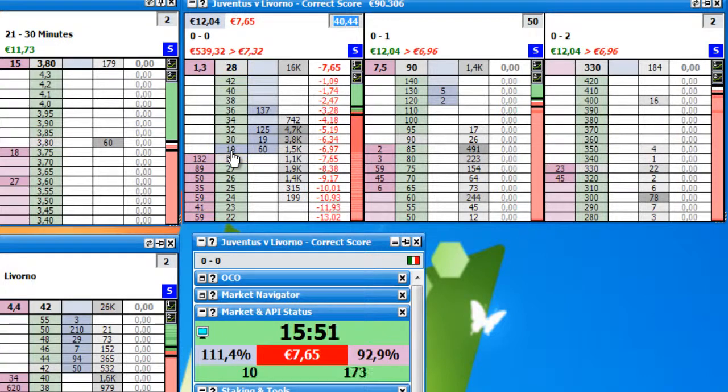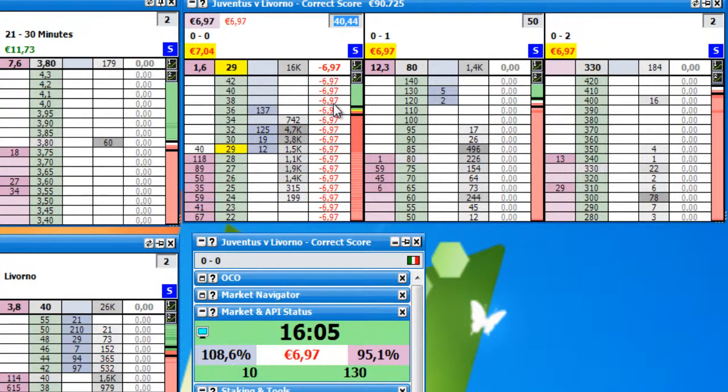Because my risk at the 0-0 is now only 500, now it's 370. So you see my break-even point is lower. So we are here. Okay, now we are closed. You see we have 6 minutes.